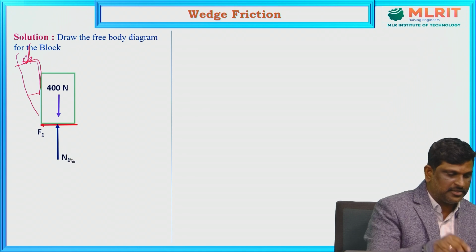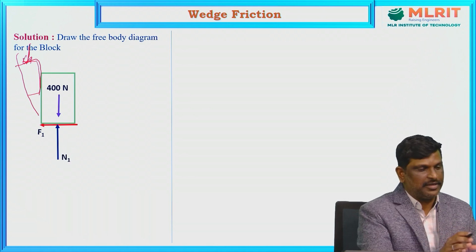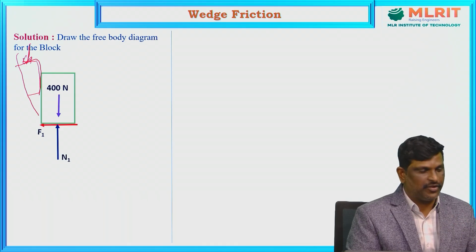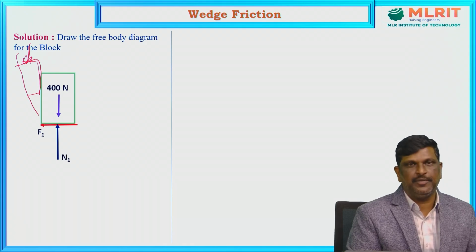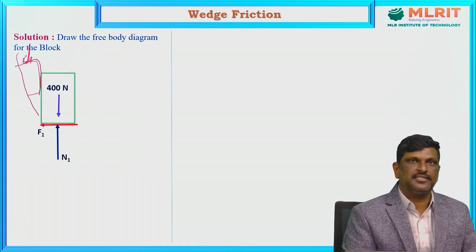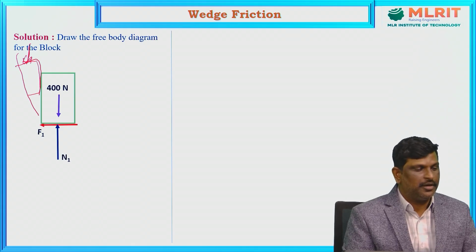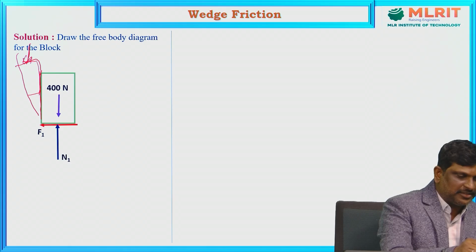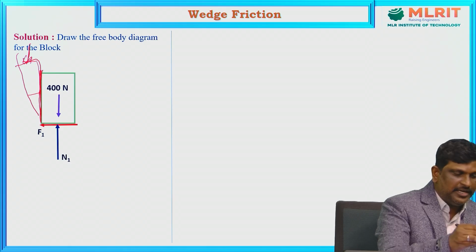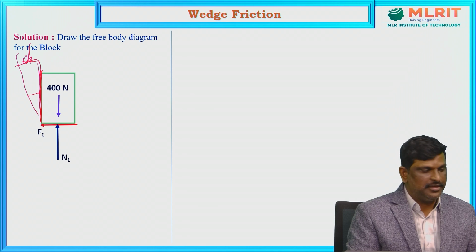Here we are considering only the block. That's why we are drawing the free body diagram for the body only. We are not showing the wedge in this free body diagram, but it exists and it is applying force to move the body towards the right. Now coming to the edge which is in contact with the wedge. The edge of the block which is in contact with the wedge is vertical.